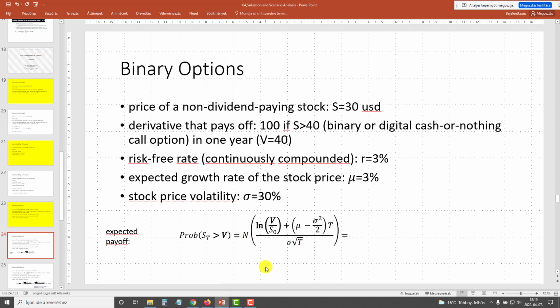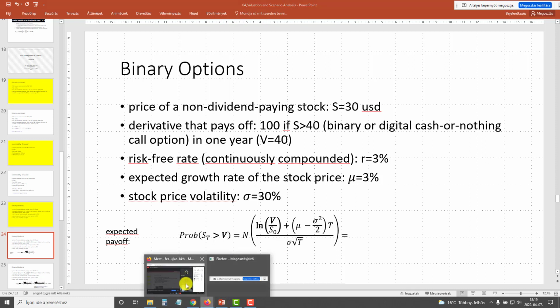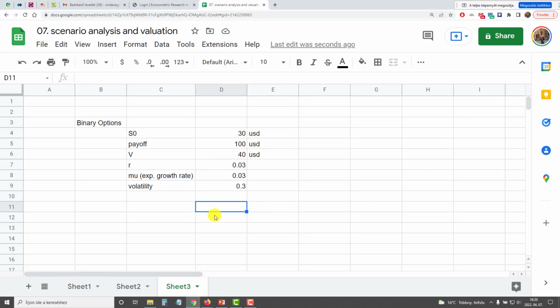So V divided by S0 for that side. So inside the normal distribution, then the utility. We could say that, okay, this is the calibration and this is the probability. I think it's easier to start this way.